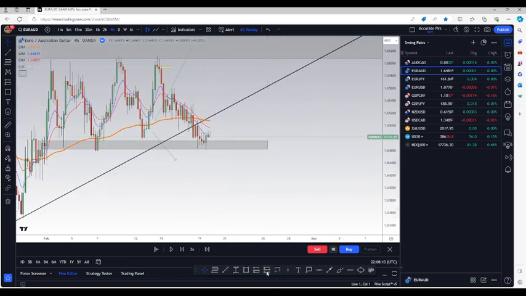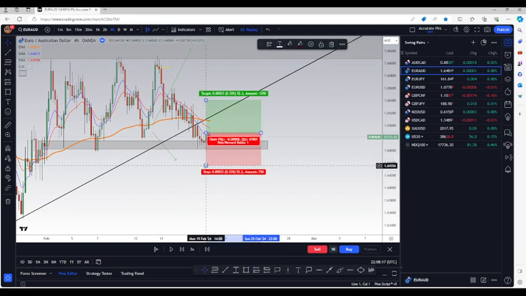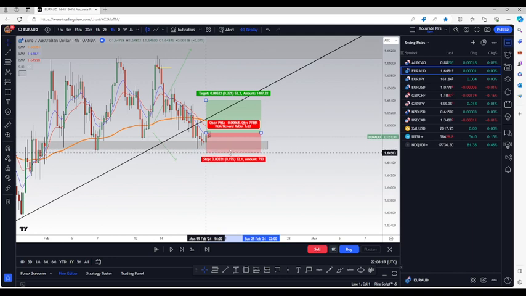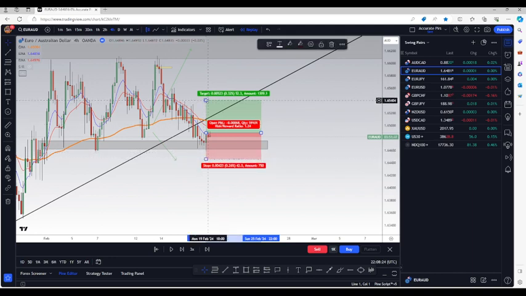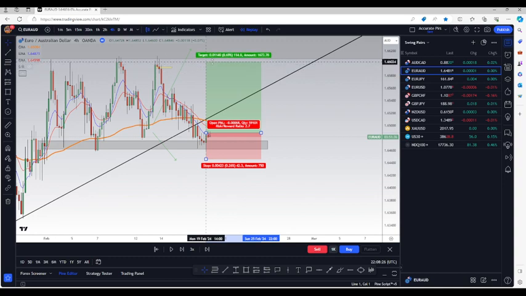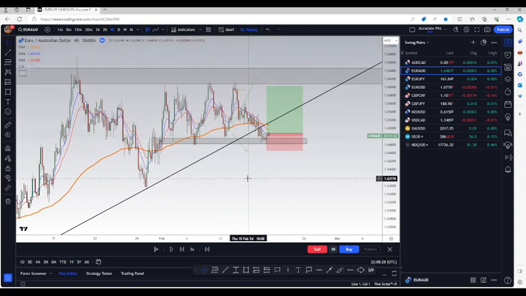Some people might have bought already. I haven't seen any traders talking about going long on USD. But yeah, 32, 42 pips. Could risk 414.